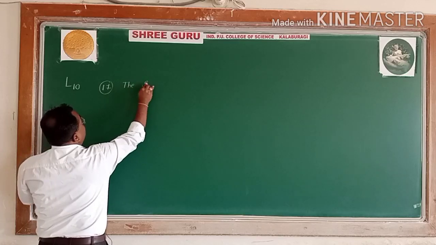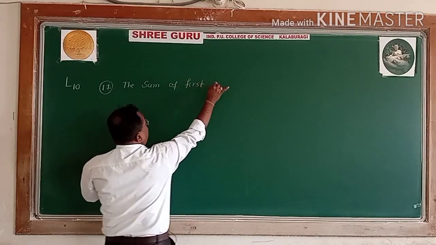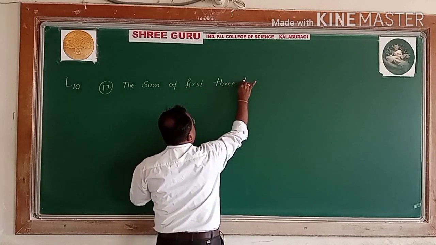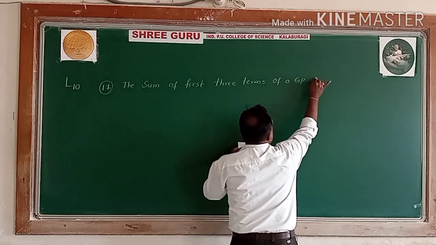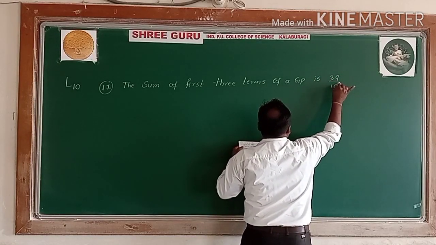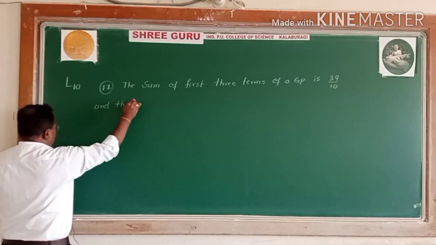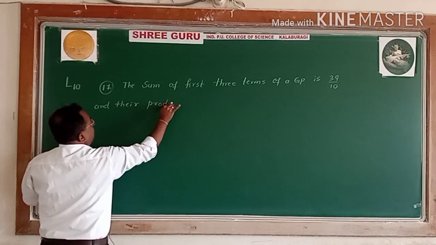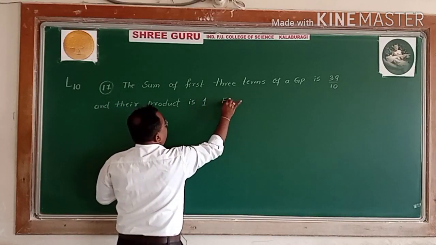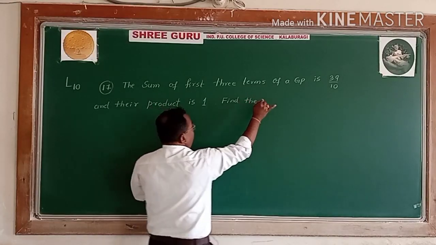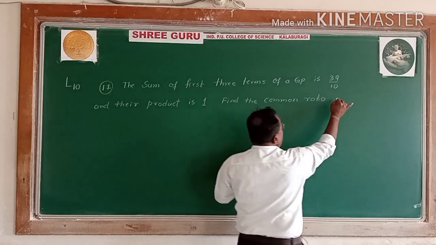The sum of first three terms of a GP is 39 by 10 and their product is 1. Find the common ratio and the terms.